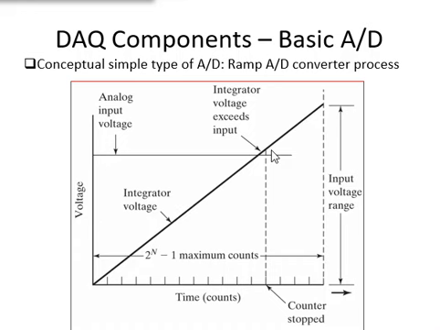As shown in the slide, a digital clock counter is started at the same time that the charging begins. The integrator output voltage is compared continuously with the analog input voltage using a comparator. When the integrator voltage exceeds the analog input voltage, the digital clock is stopped. The count of the digital clock is the digital output of the AD converter.